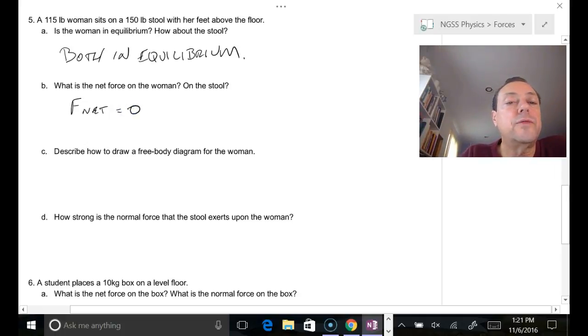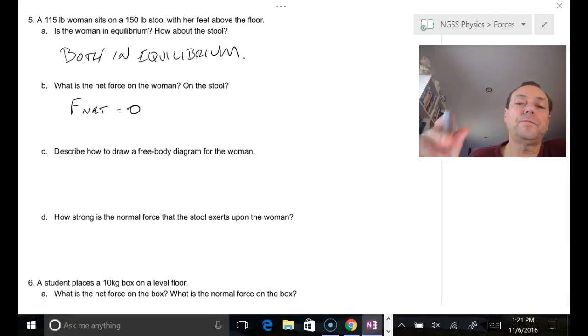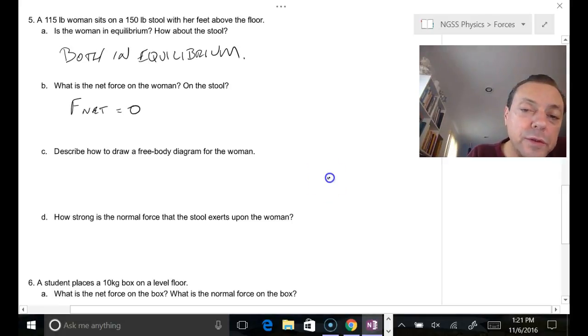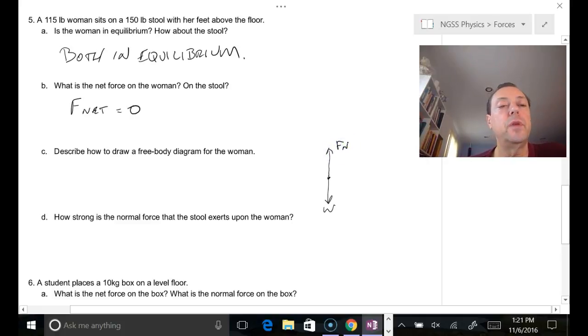Describe how to draw a free body diagram for the woman. Well, here's the woman. She's very, very tiny. Here is her weight. Here is the normal force of the stool pushing up on her.